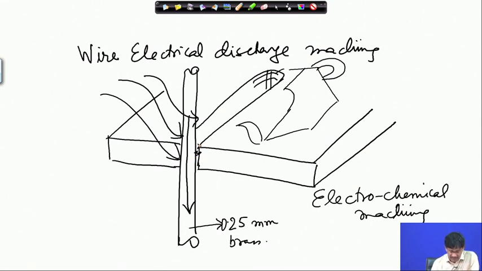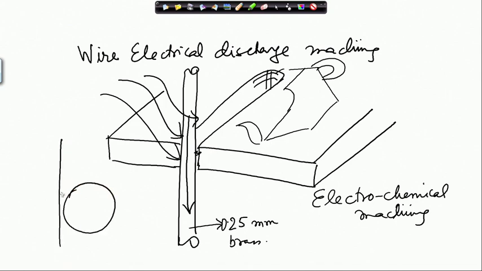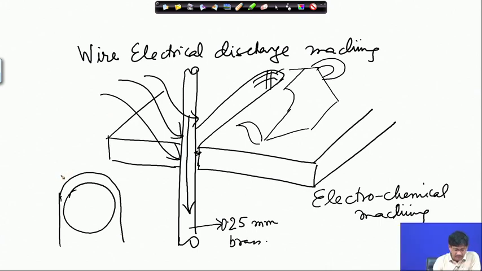If you see the wire from the top, if you have a definite distance existing between the wire and the other electrode, and the distance crosses a certain limit, sparks won't fly. So, laterally the size of the cut is extremely well defined.